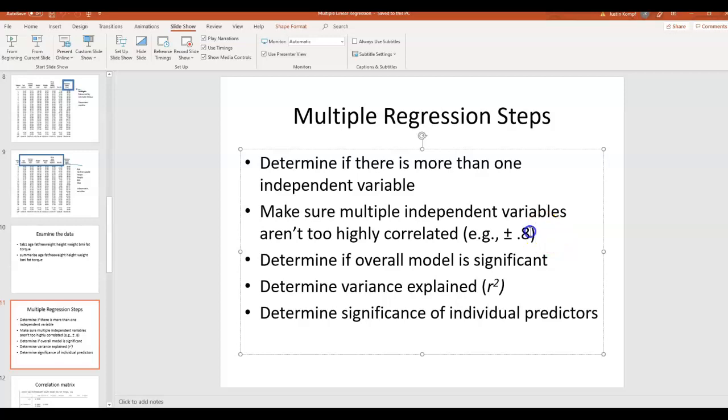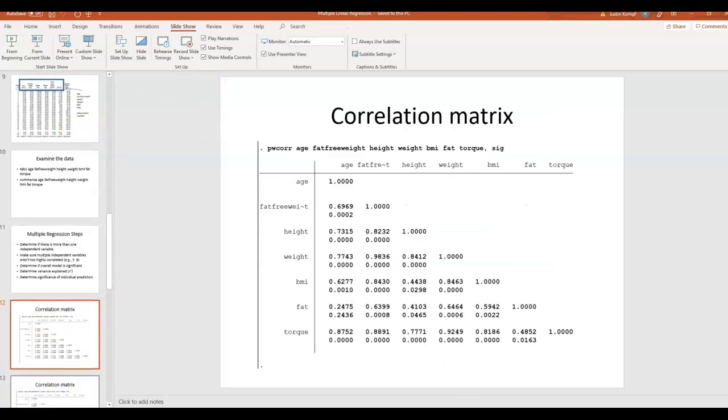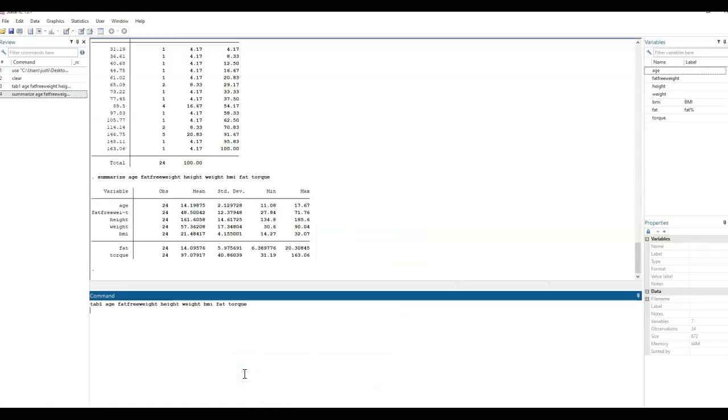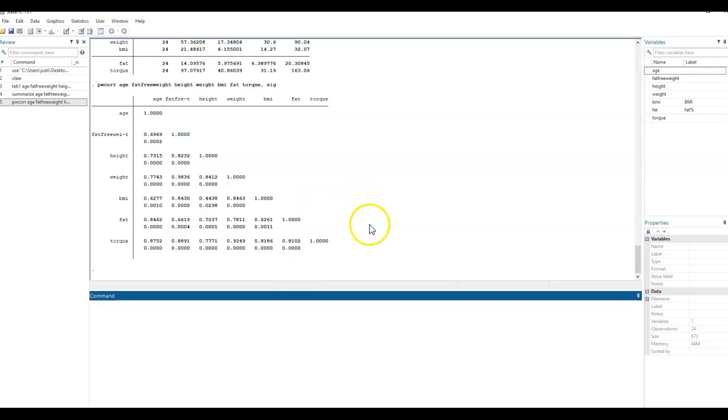This is where we'll begin. We also want to determine if our overall model is significant, how much variance in behavior it explains, and the significance of individual predictors. So let's do a correlation matrix first with all of our variables. We can swap this out with pwcorr and sig, and there's our correlation matrix.